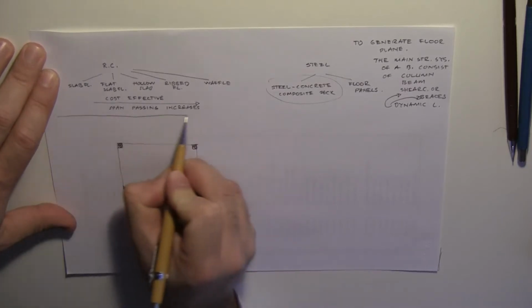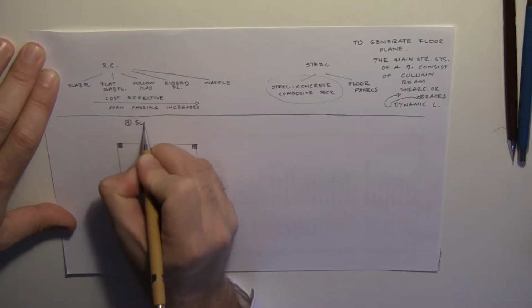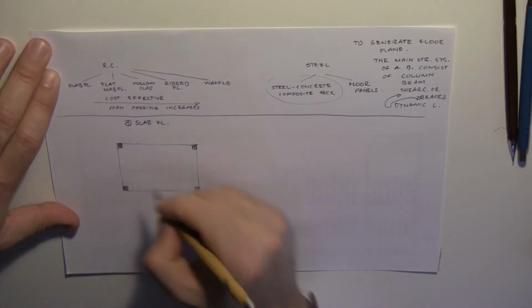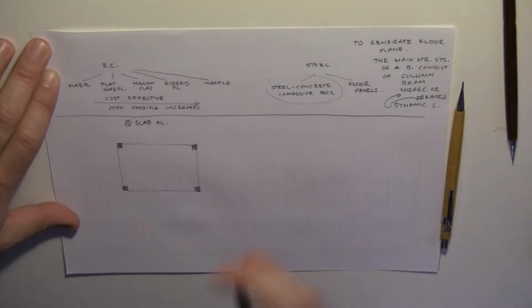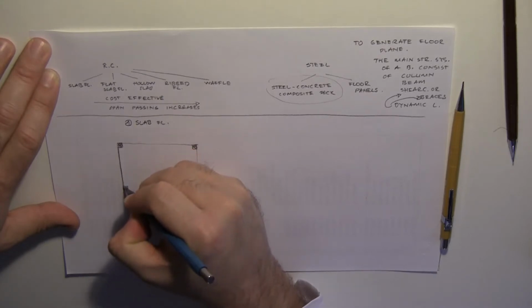So let's start with slab floors. Let's take a different pencil. In slab floors, what do we have? We have main beams, rectangular in shape.